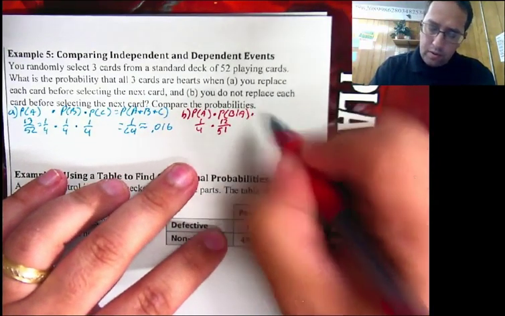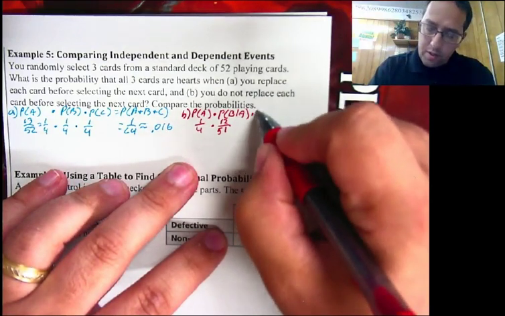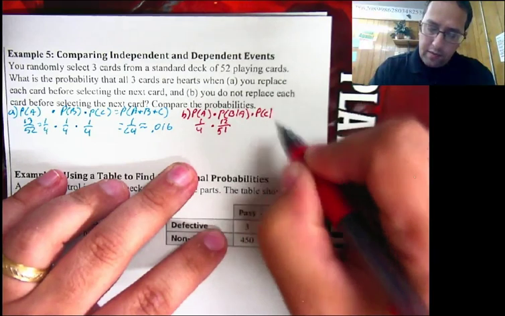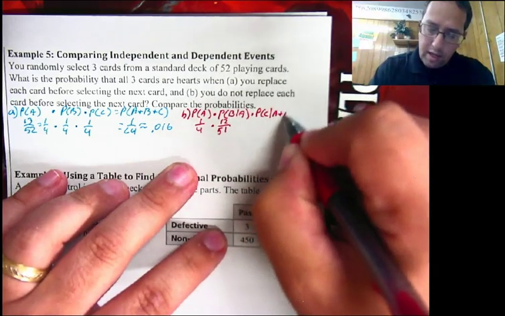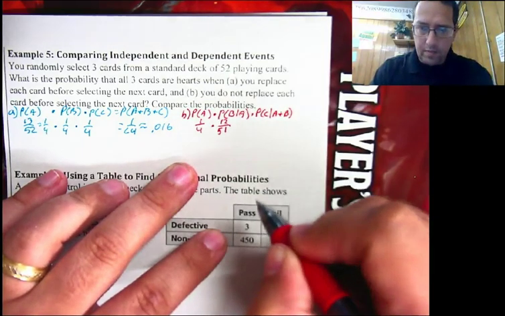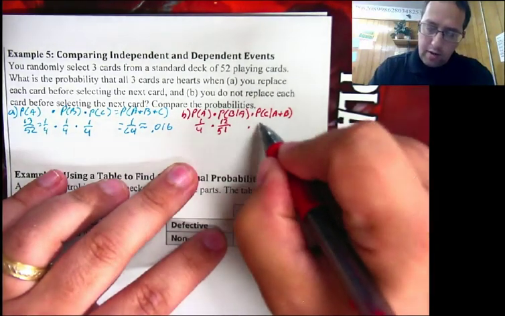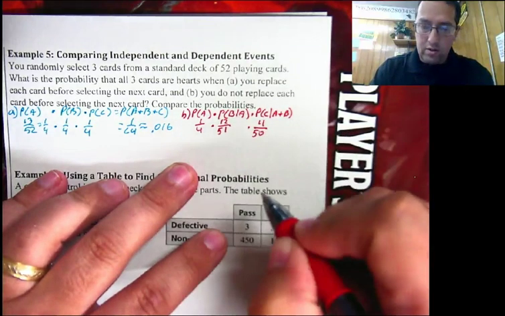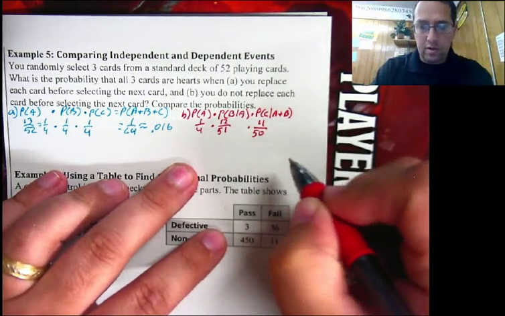All right. So now about that third card, right? Probability of C given A and B already happened. Well, now I only have 11 hearts in the deck, and that is only going to leave me with 50 cards. 11 hearts out of 50 cards.